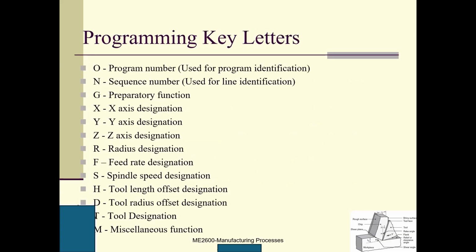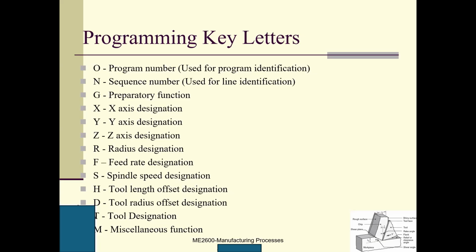These are programming key letters. First, O means the program number, used for program identification if we have multiple programs. N is a sequential number: N001 is the first statement, N002 is the second statement, and so on. G is a preparatory function.